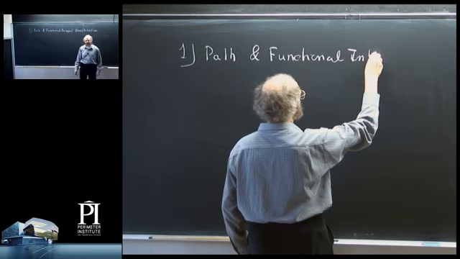Therefore, one has to integrate over functions, fields, rather than just trajectories of a particle. So that's why it's called functional integral formulation. So this will be basically, I hope, the first week.